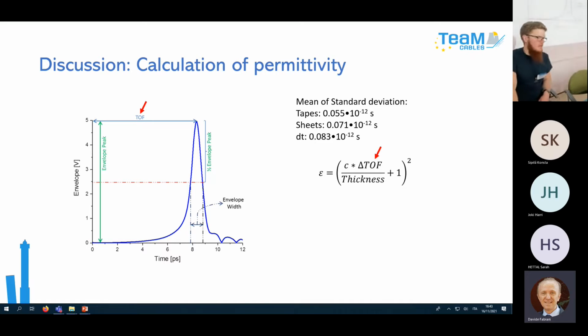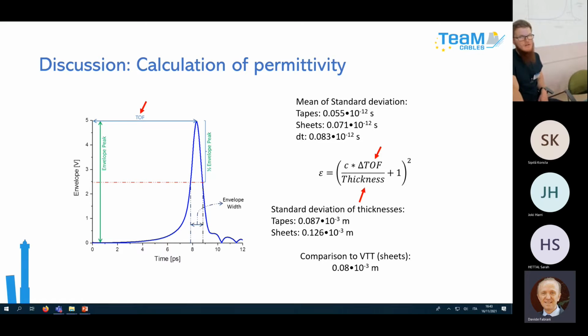But the mean of the standard deviation is in the area of 10 to the power of minus 12 seconds, right? Now, if we look at the thickness, it has a standard deviation of 10 to the power of minus 3 meters.